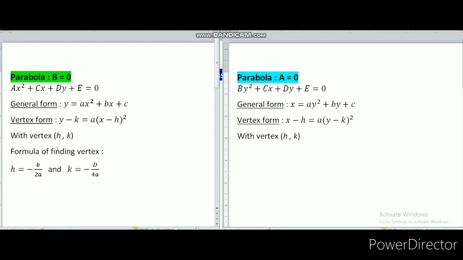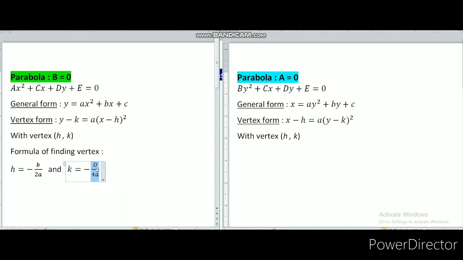To find the h, or the x coordinate of your vertex, you just use minus b over 2a, the b from here and the a from here. So how about the k? You can substitute into the general form after you find the h, or you can use minus D over 4a. What is D? D is the discriminant. If you need to remember, discriminant equals b squared minus 4ac.